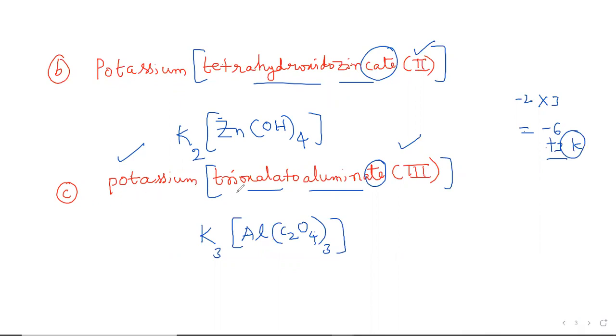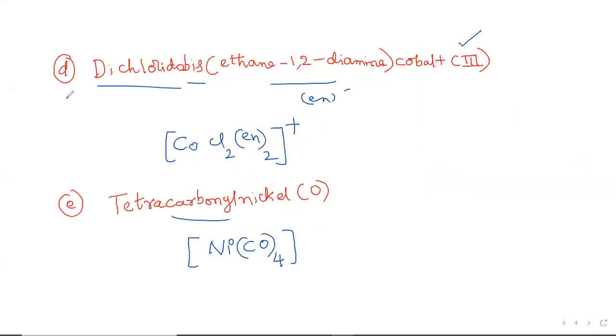C question, potassium trioxalatoaluminate(III), the formula K3[Al(C2O4)3]. D question, dichlorido bis(ethane 1,2-diamine)cobalt(III), a complex ion, that is [CoCl2(en)2]+. And E question, tetracarbonyl nickel(0), the formula Ni(CO)4.